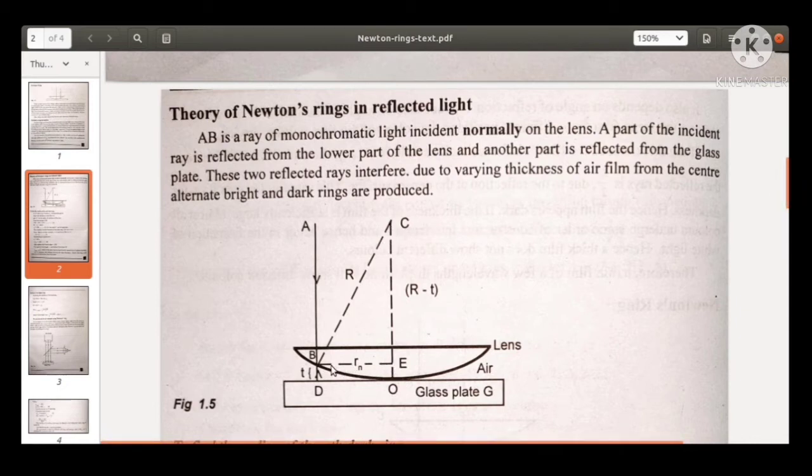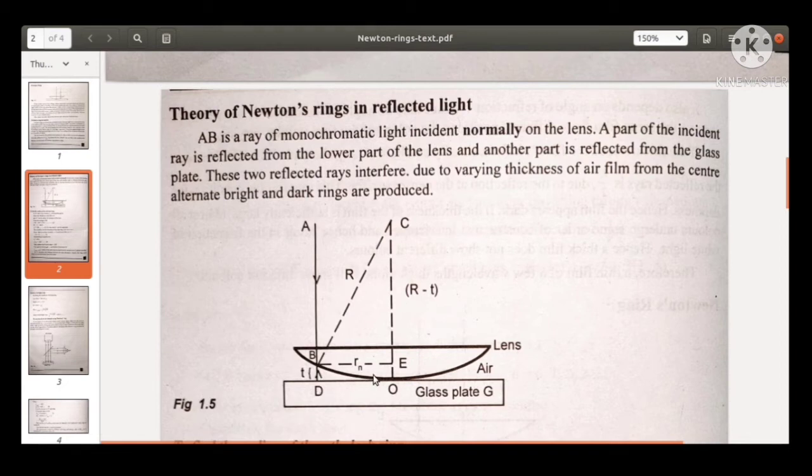We are considering a point or an air film of thickness T. We have marked this thickness as T, which is BD, at a distance Rn from the point of contact O. This is nothing but the radius of curvature of the plano convex lens, so this is marked as capital R. From this point C to O, this is again R. But OE is nothing but T itself, that is the thickness, because from this figure it is clear this is the air film thickness.